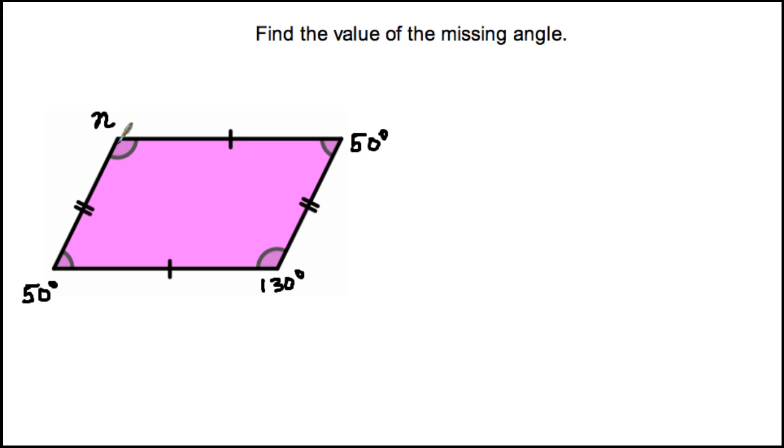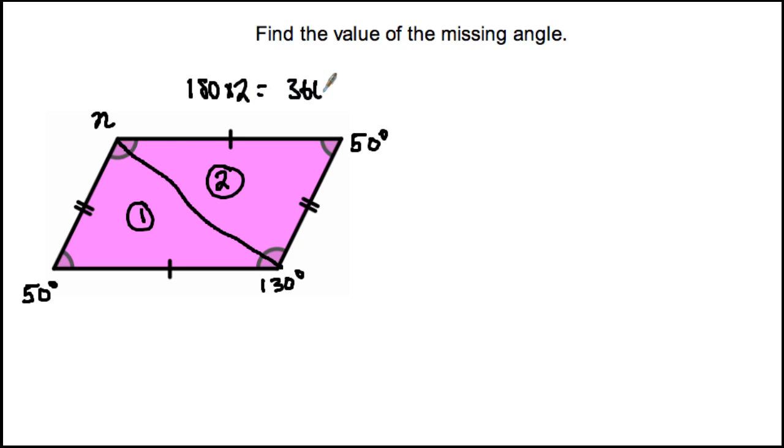I'll do that by drawing a line here. It's not the best line, but you can see that we've now got two different triangles in the quadrilateral. What that tells us is that the sum of the angles of the quadrilateral is twice as big as a triangle. So 180 times 2 equals 360. So the sum of the angles of every quadrilateral is 360 degrees.